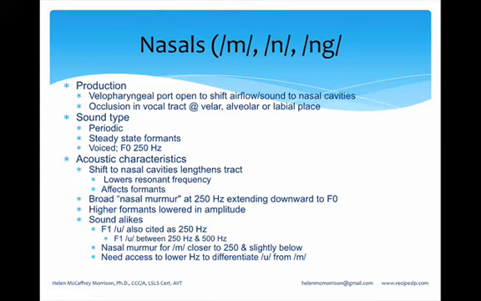And so it is possible that oo and M can sound very much like one another. There is a difference, however, and that is that the first formant in oo is generally a little higher than 250 hertz, and the nasal murmur in the M is a little bit closer to 250 and slightly below.